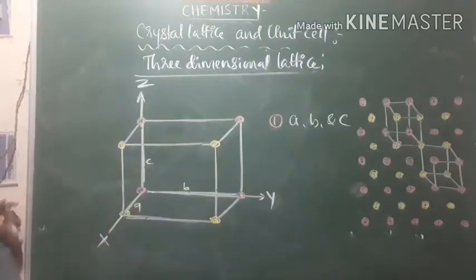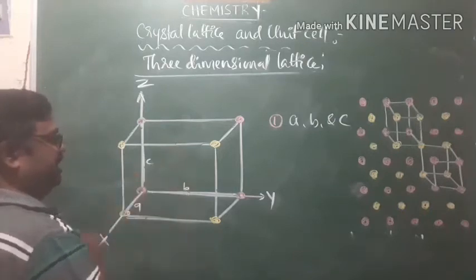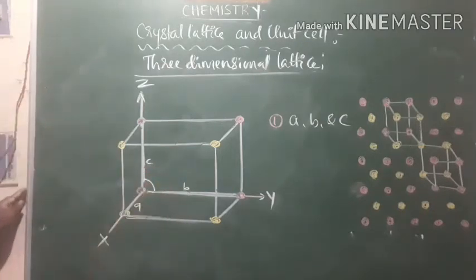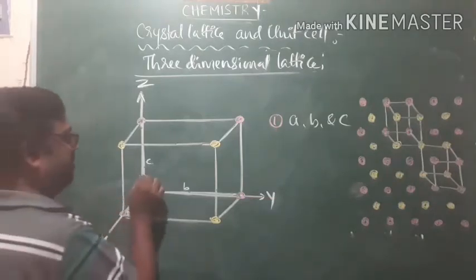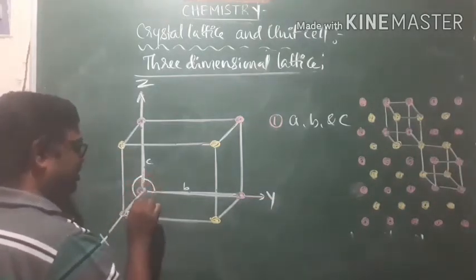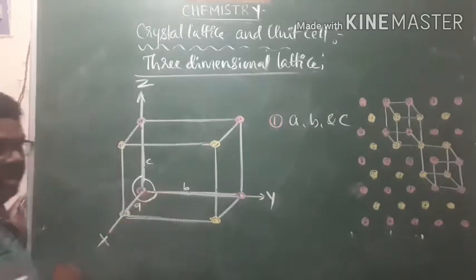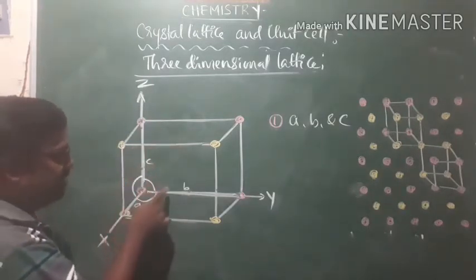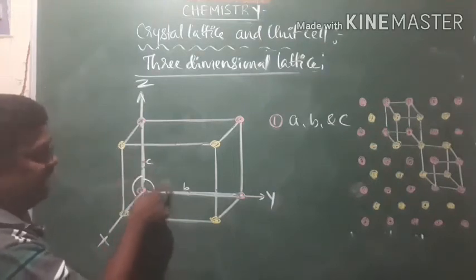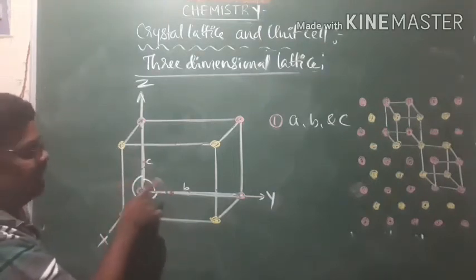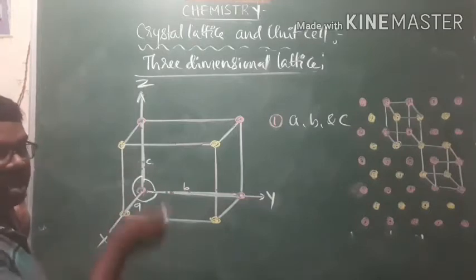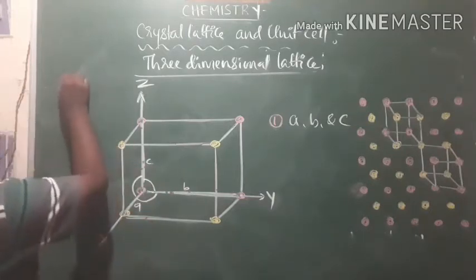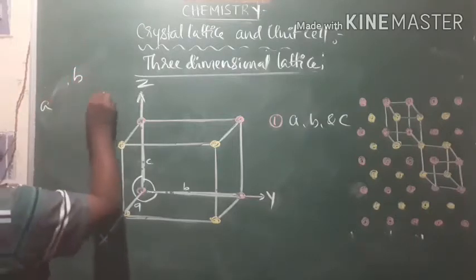Okay? Apart from that, the shape of this unit cell also depends on the angle between any 2 coordinate axes, the angle between edges of any 2 coordinate axes, right? This is one more angle, this is one more angle. The angle between two edges along two coordinate axes also determines the shape of this unit cell. So for example, if I say this is A, B, right?